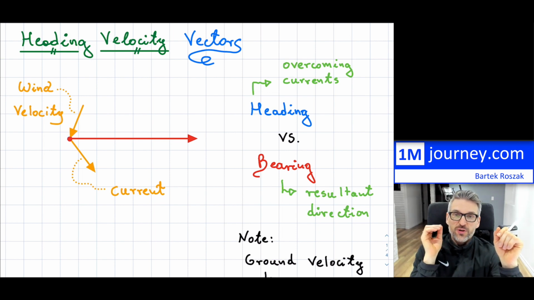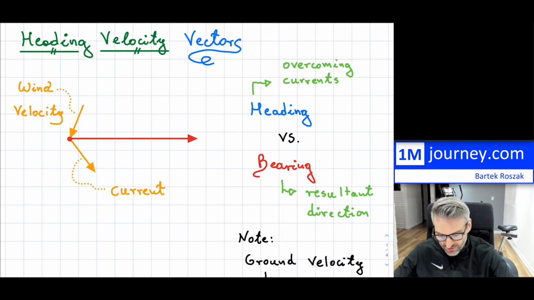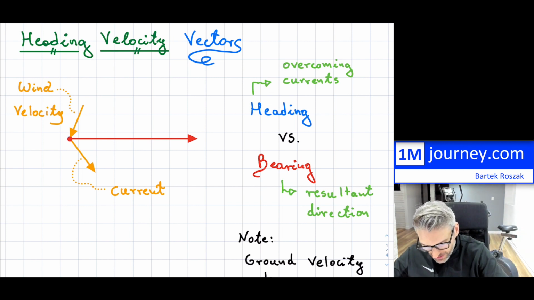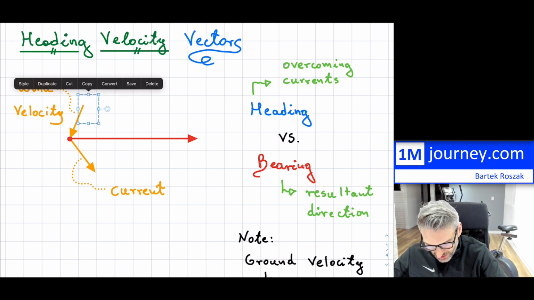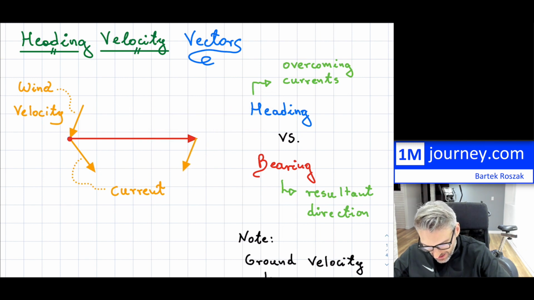Because if you think that you want to be able to head east, as shown over here, if you want to go in that east direction, then what would happen is this particular wind, I'm going to just duplicate it, is going to take you off guard in some direction. And then this particular current would also offset you.